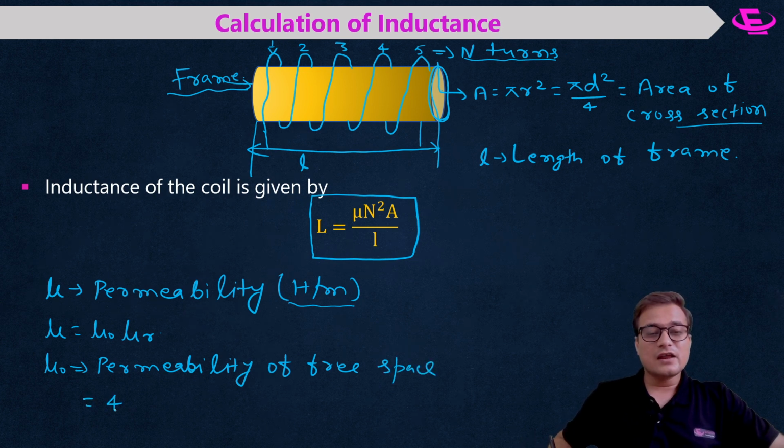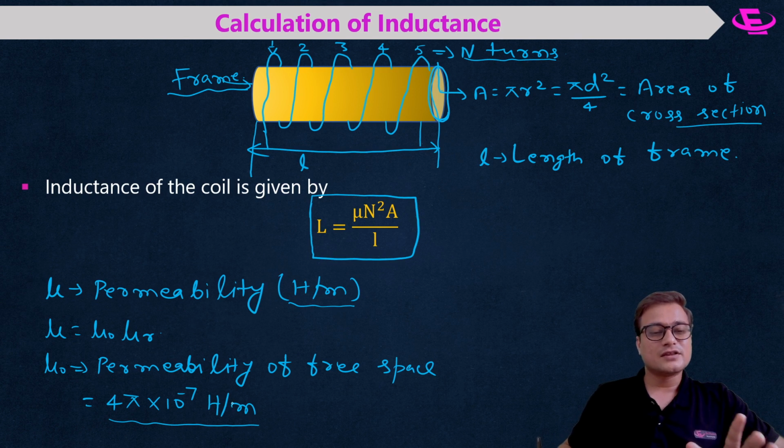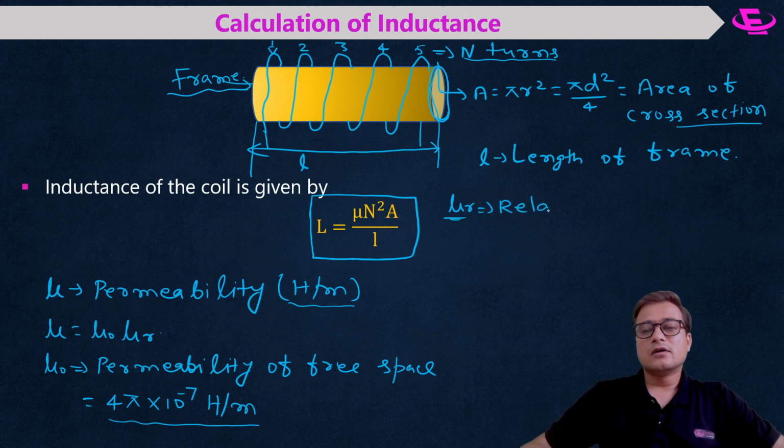Its value is very important: 4 pi into 10 to the power minus 7 Henry per meter. This is mu naught. Now what is mu r? Mu r is called relative permeability.